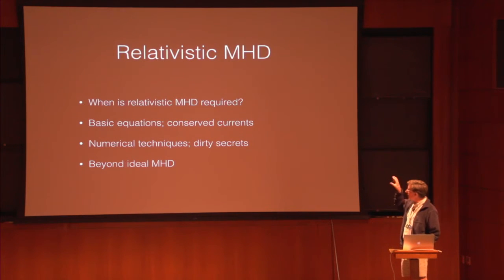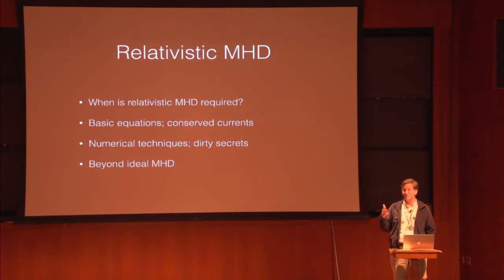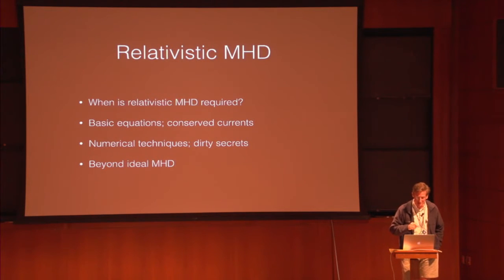Then I'll talk about basic equations, the fundamental variables in the problem, and a little bit about conserved currents, so energy and angular momentum fluxes. And then come back to some numerical techniques and dirty secrets, and finally beyond ideal MHD.